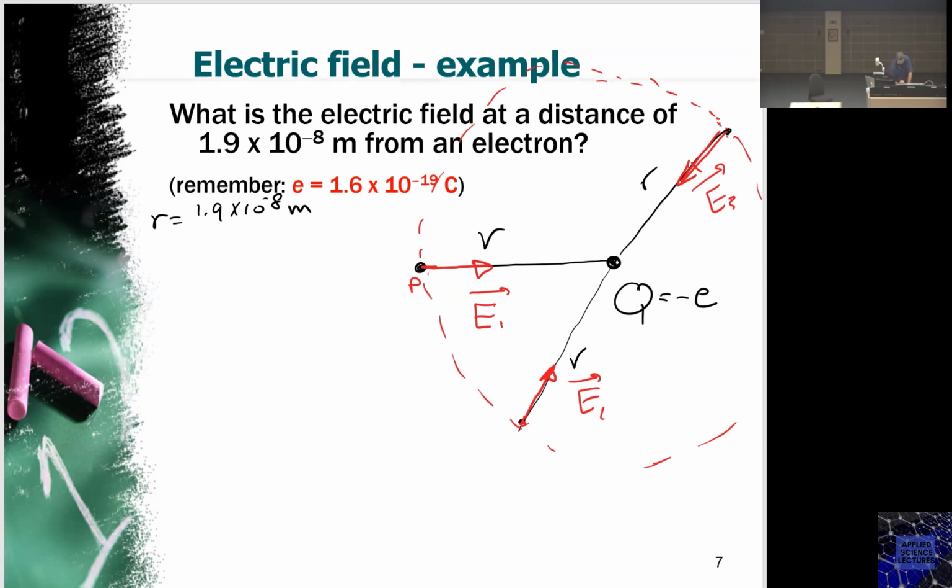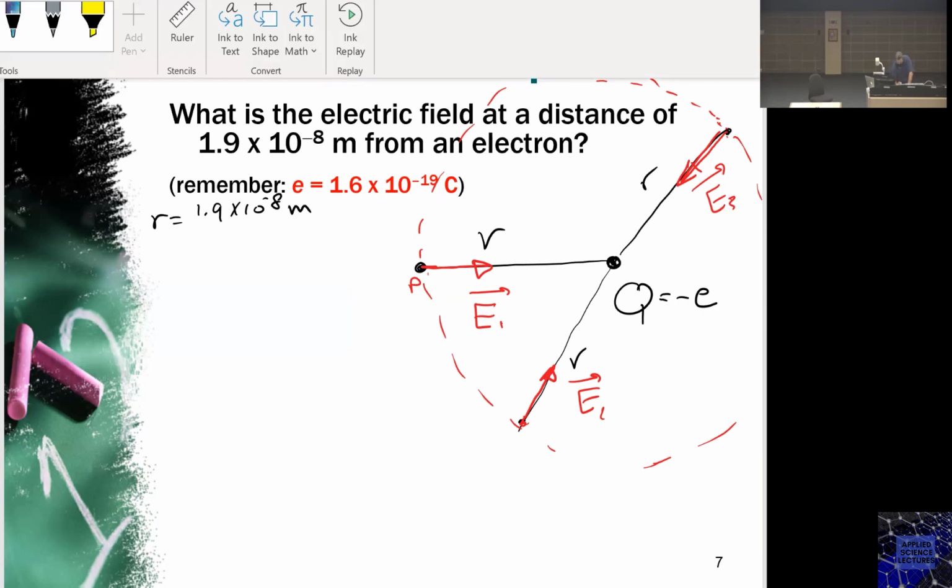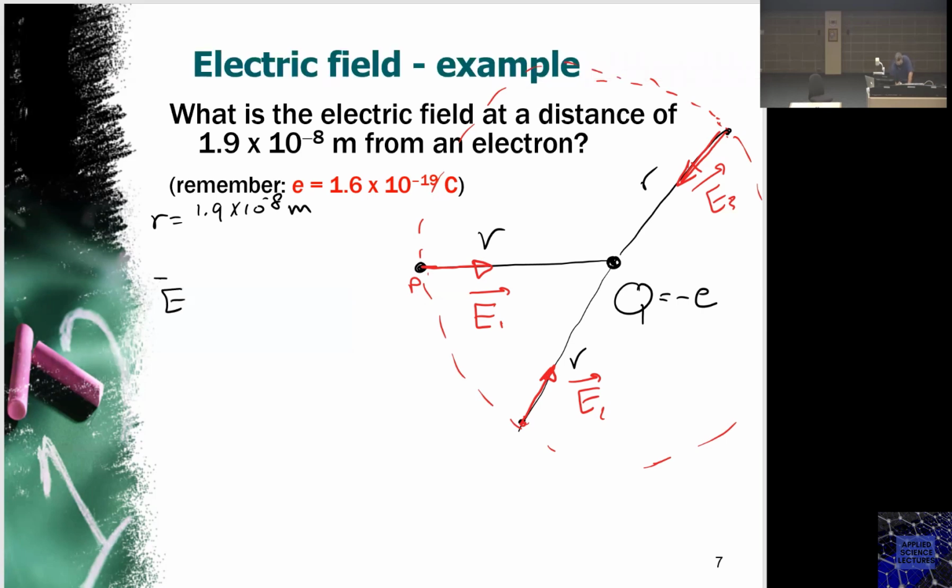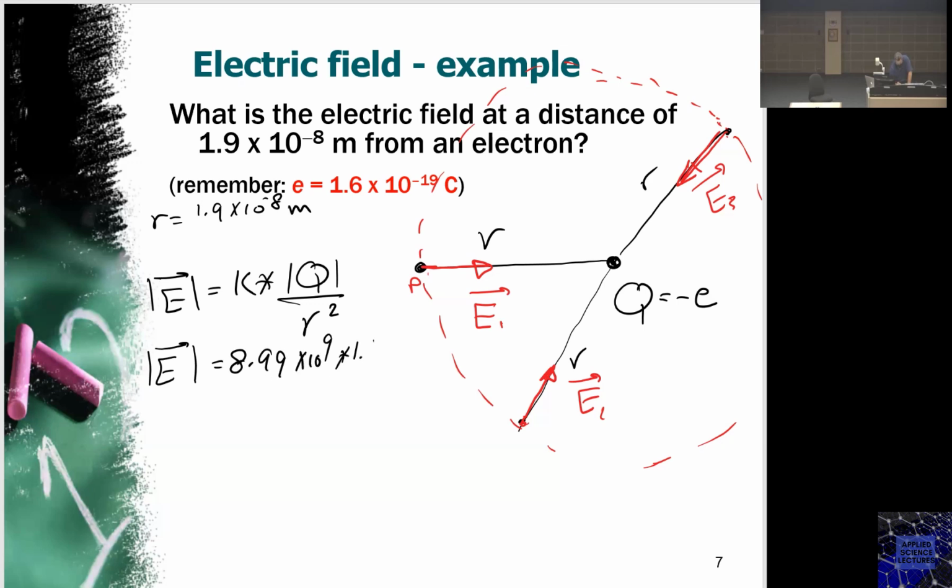So in order to calculate now the magnitude of this electric field, which is the same at all those points that I have mentioned, K times capital Q divided by R squared, E equals 8.99 times 10 to the power 9 times 1.602 times 10 to the power minus 19.